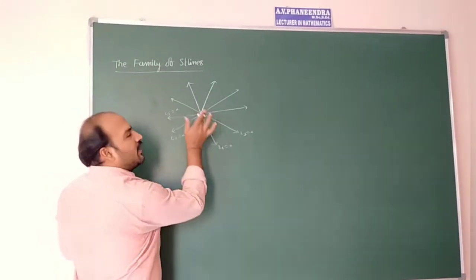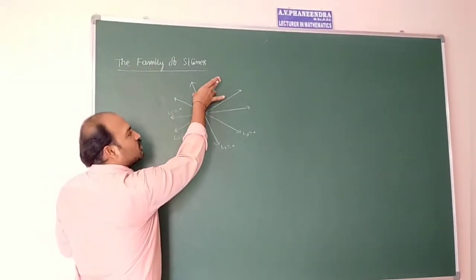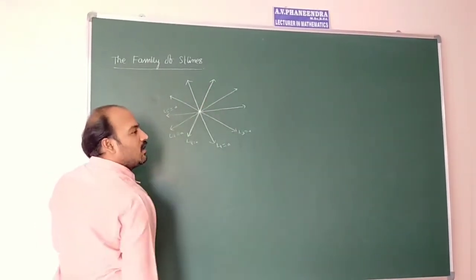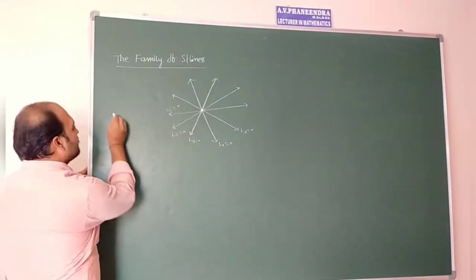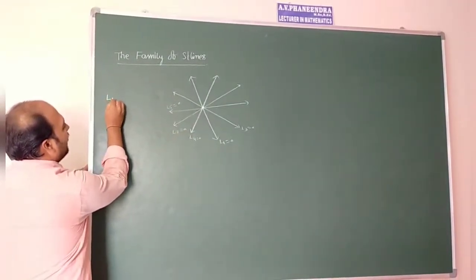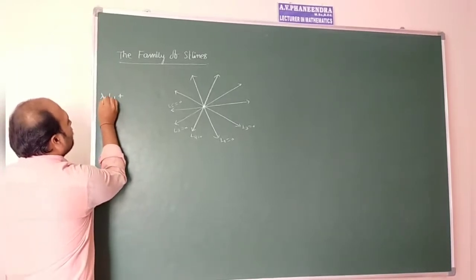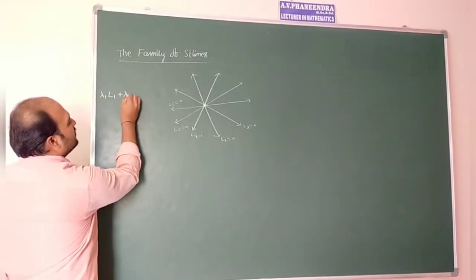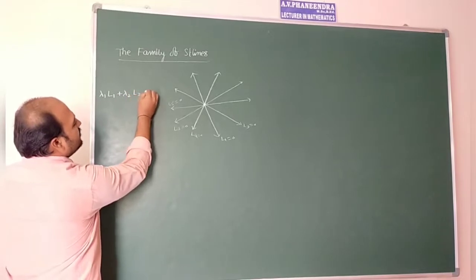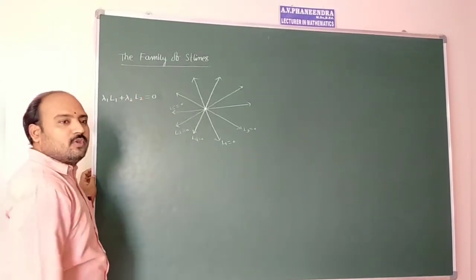Suppose you want to write the equation of the line passing through these two lines. The family of straight lines can be represented as lambda 1 into L1 plus lambda 2 into L2 is equal to 0.